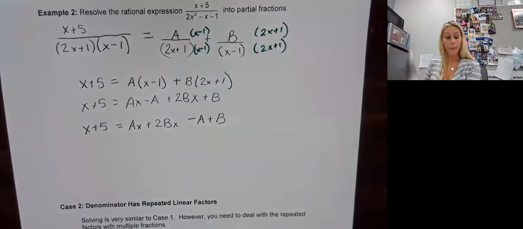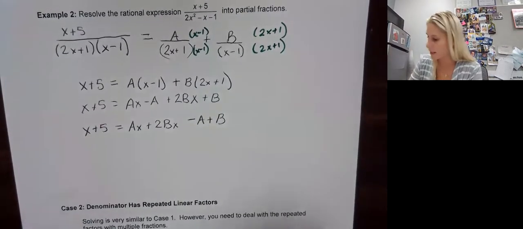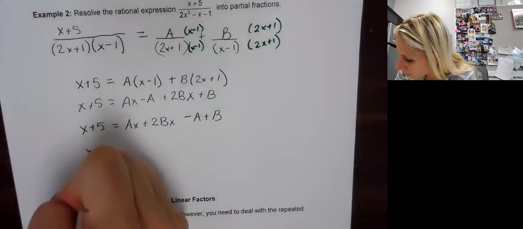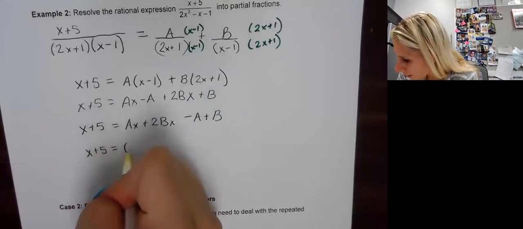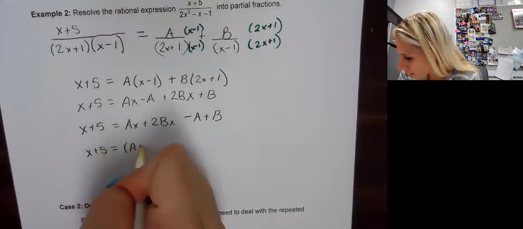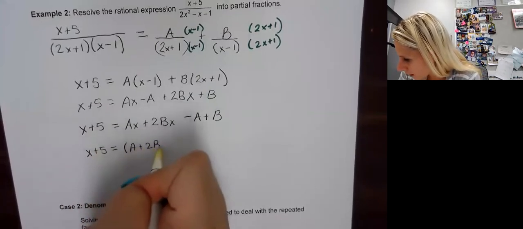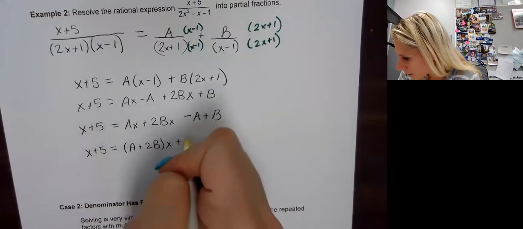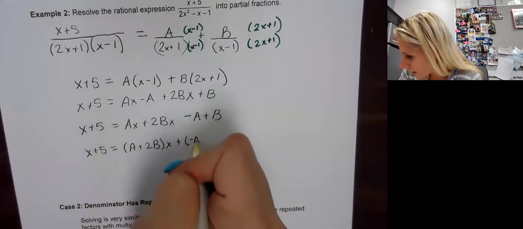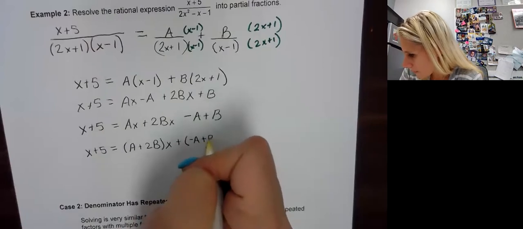All right, I'm going to factor out that x, so x plus 5 equals a plus 2b x plus negative a plus b.